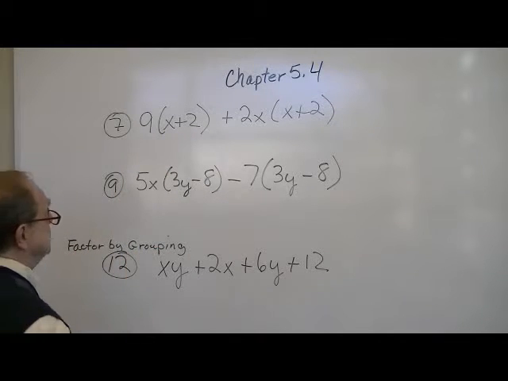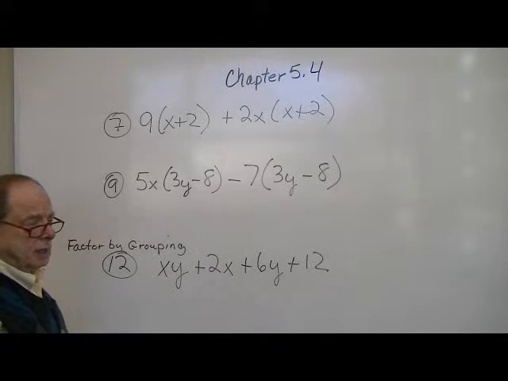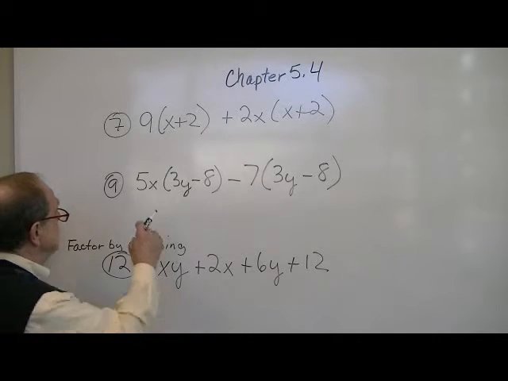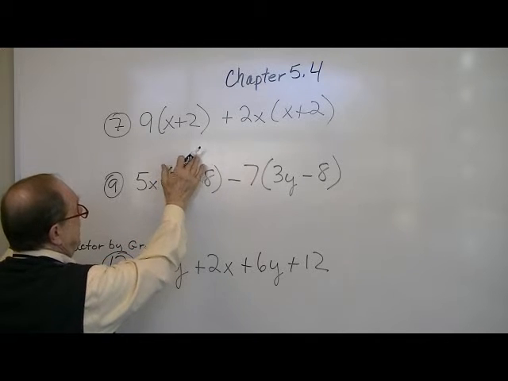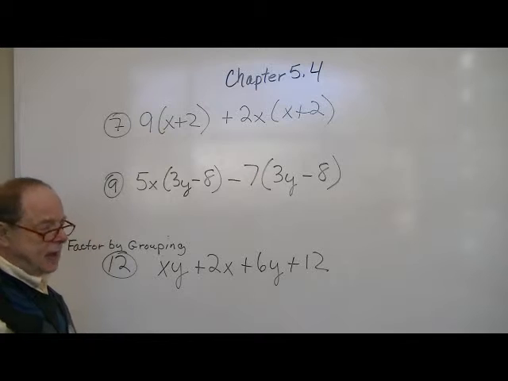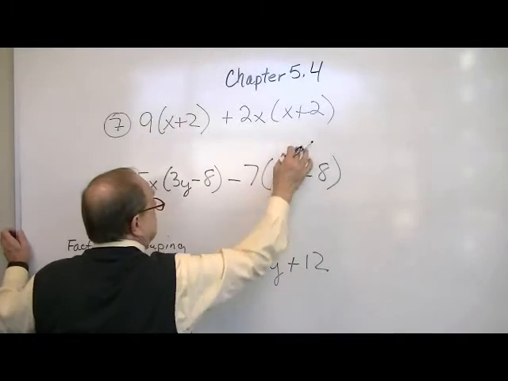Okay, continuing with chapter 5, section 4, and we're going to move into factoring. And here we look at example 7, and our question is, is there a common factor within these two terms?